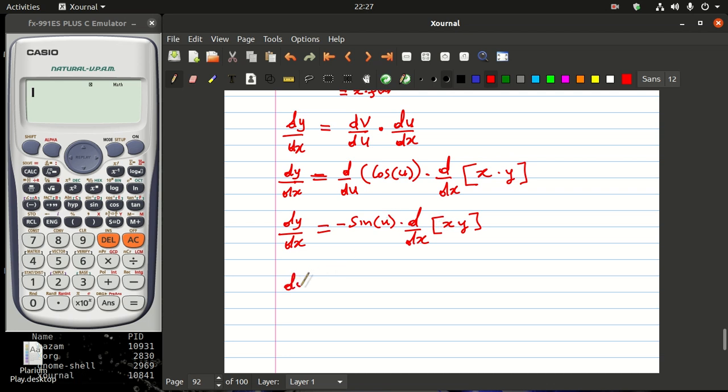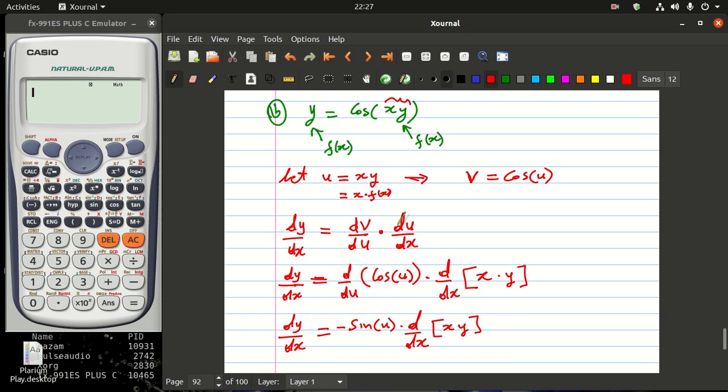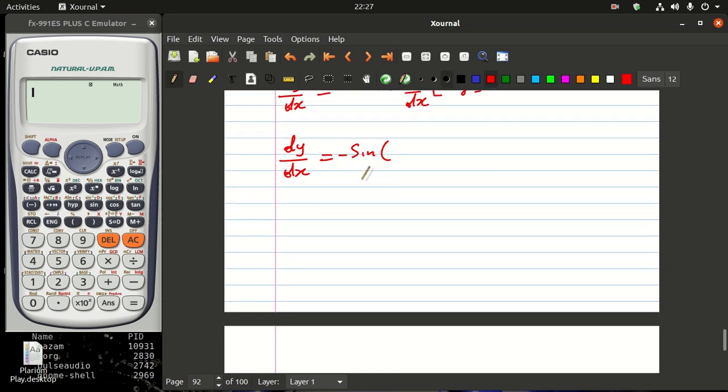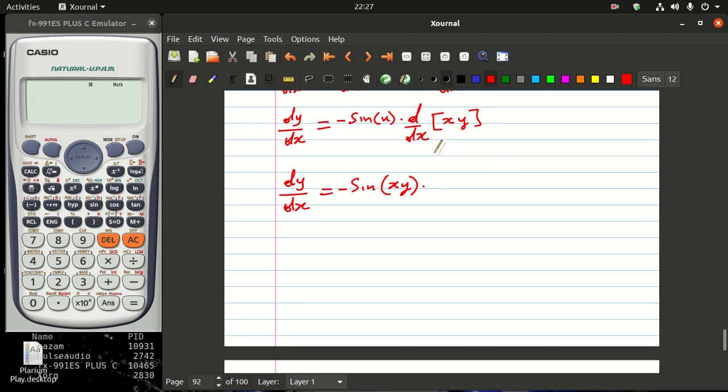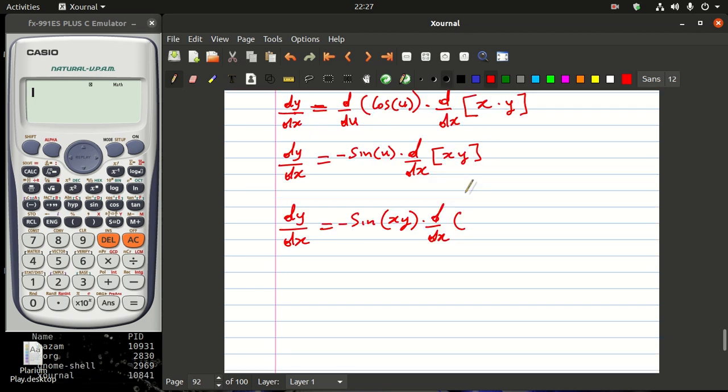I have my dy, I have my dx, and then here I have minus sine of my u. What was my u? My u was x times y, so here I end up having x times y. Now let me keep this one as it is and explain what is about to happen here, because I have x times y. I told you that this one here is just a function f of x.